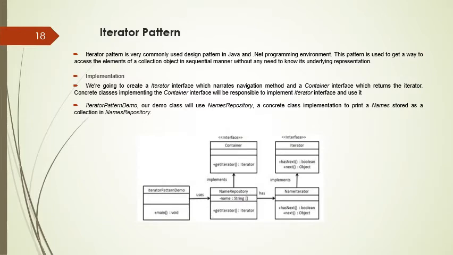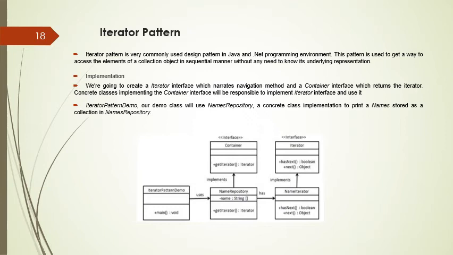Iterator pattern. It is a very commonly used design pattern in Java and .NET programming environment. This pattern is used to get a way to access the elements of a collection object in sequential manner without any need to know its underlying representation. We are going to create an iterator interface which narrates navigation method and a container interface which returns the iterator.